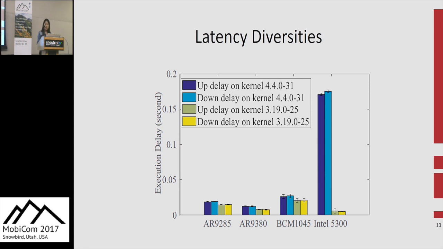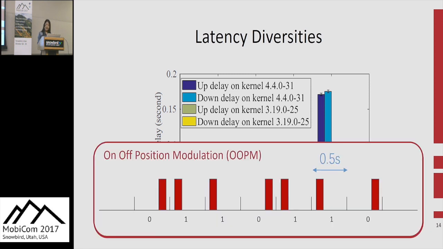In order to incorporate the Intel model in NICScatter, we set the time duration of the OPM modulation to be 0.5 seconds, which means that the maximum throughput we can achieve is 2 bps. If we exclude the Intel model, we can significantly boost the throughput.